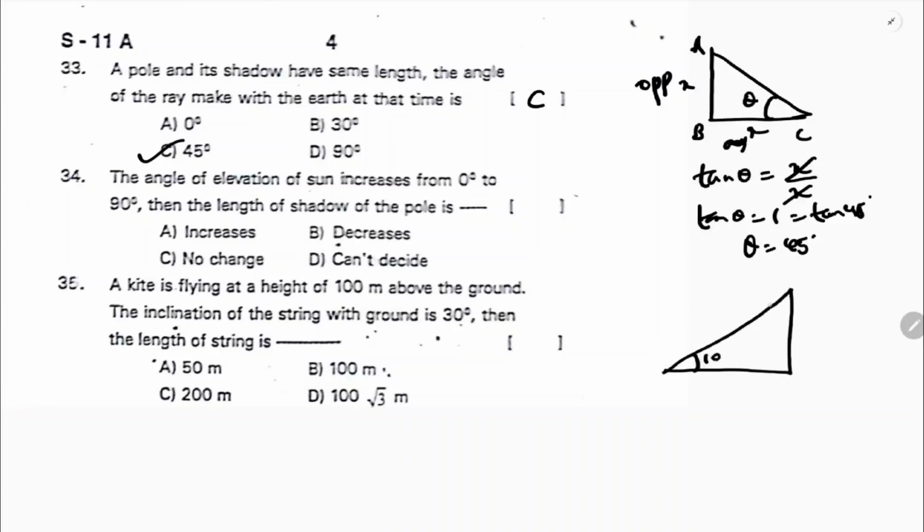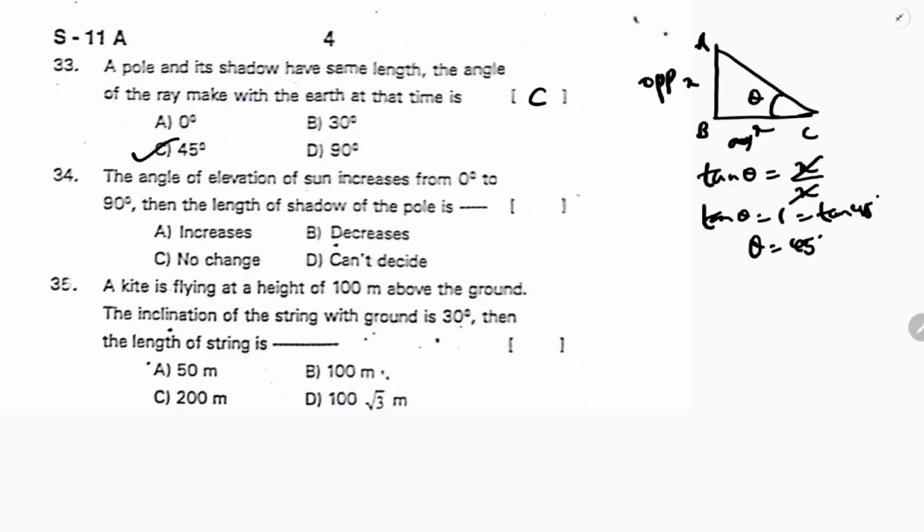But if the angle increases, this point P will come over Q. As the angle increases, the length of the shadow decreases. So the correct option is B.